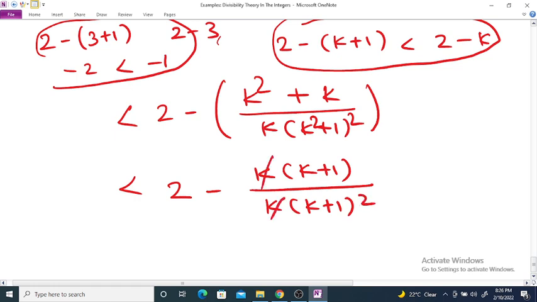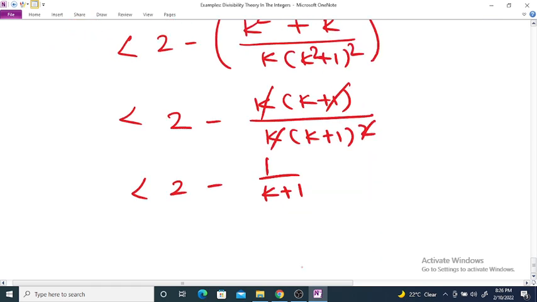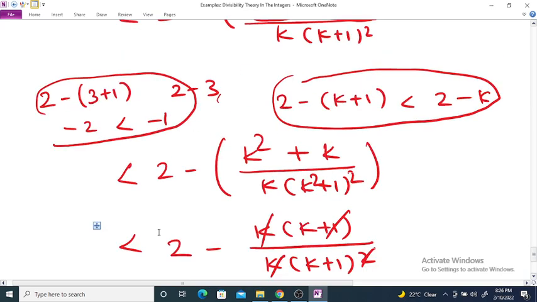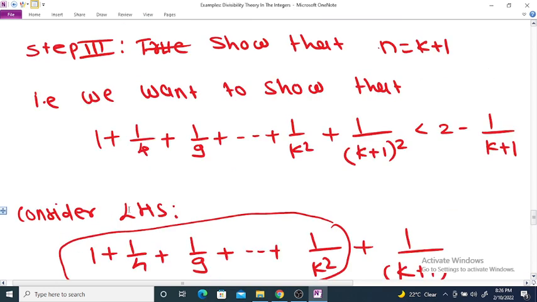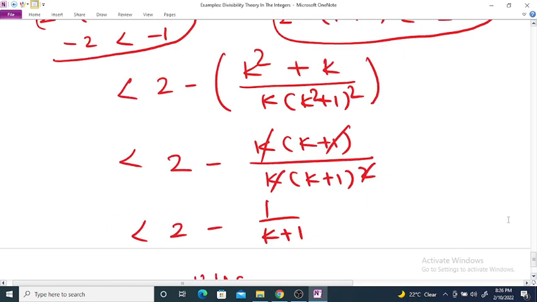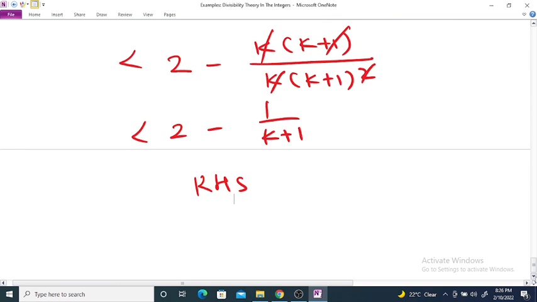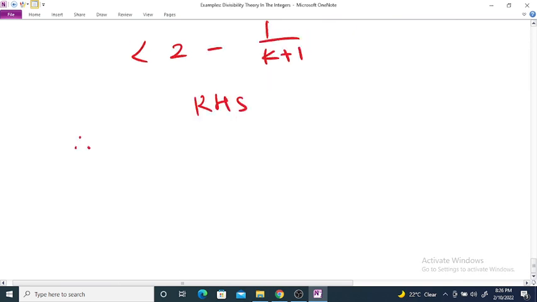So this k will get cancelled here, one (k plus 1) gets cancelled here, and it is less than 2 minus 1 divided by (k plus 1), and that is what we want to show here, which is our right hand side. So we showed that LHS is less than RHS. So 1 plus 1 by 4 plus 1 by 9 plus 1 by k square plus 1 upon (k plus 1) square is less than 2 minus 1 upon (k plus 1), and therefore the result is true for n equal to k plus 1.